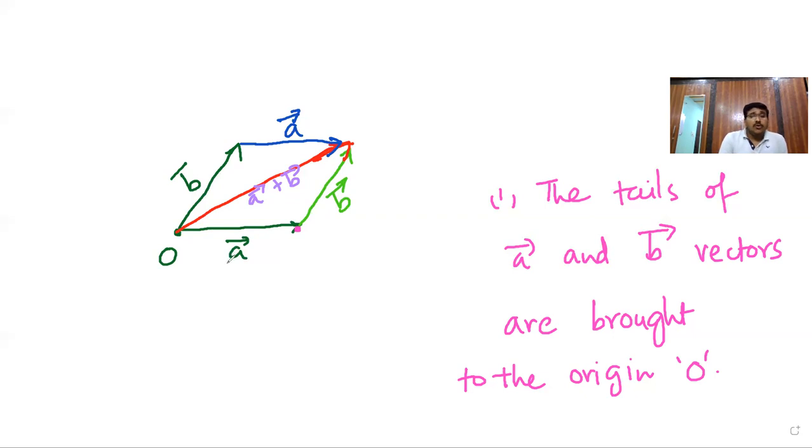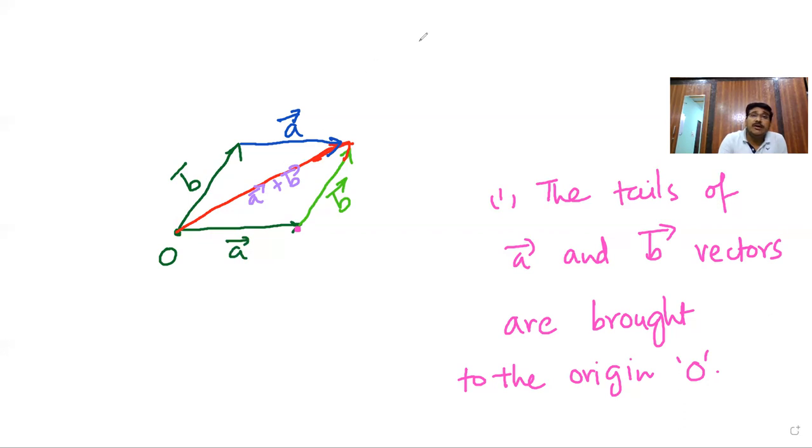Now, what does the triangle law say? B bar is one vector, A bar is another vector. So the tail of the A bar is attached to the head of the B bar. So this is also following triangle law.